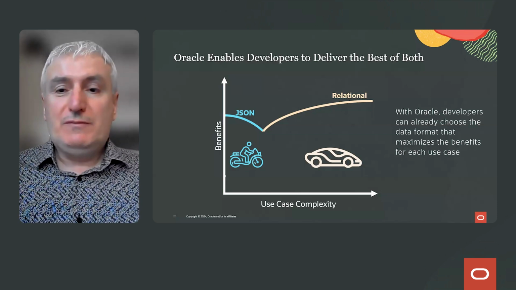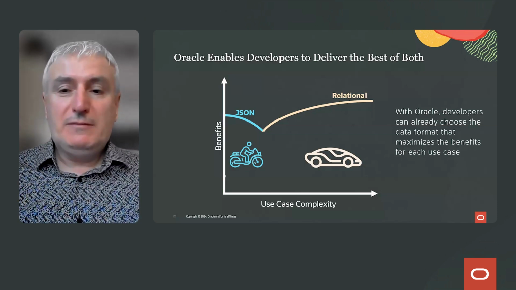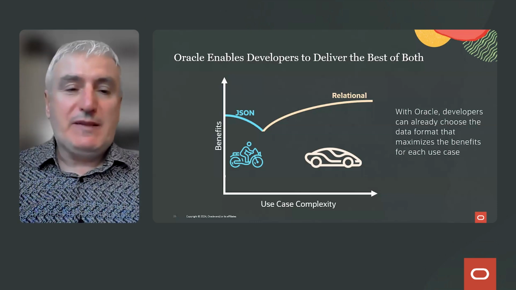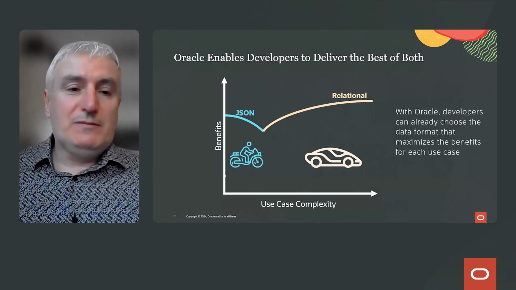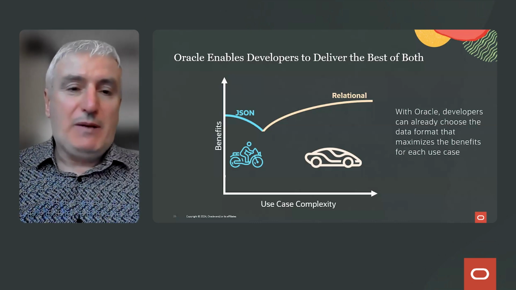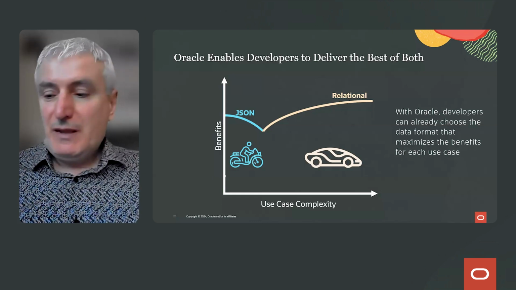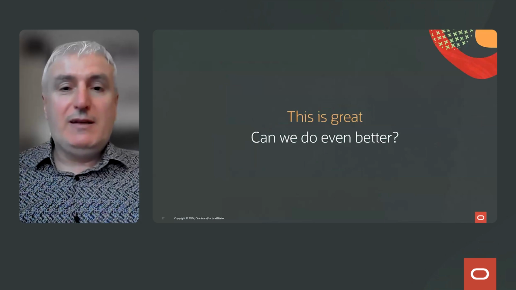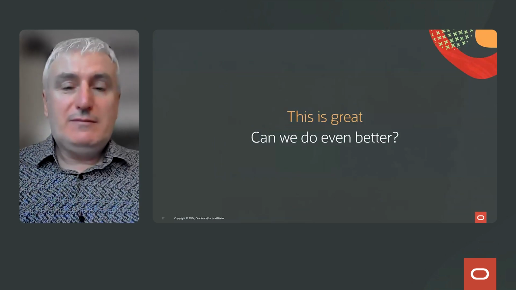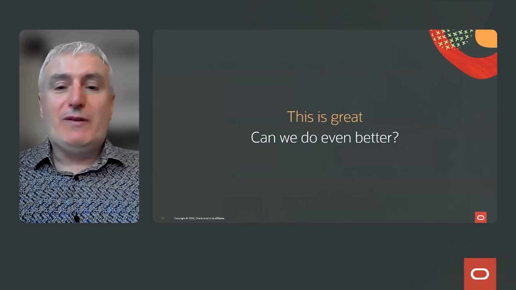Developers can choose the data format that can maximize the benefits in each case. So in the case of simple complexity of applications, use JSON. Otherwise, when the application gets more complex, use relational. This is great, but the question is, can we do even better?